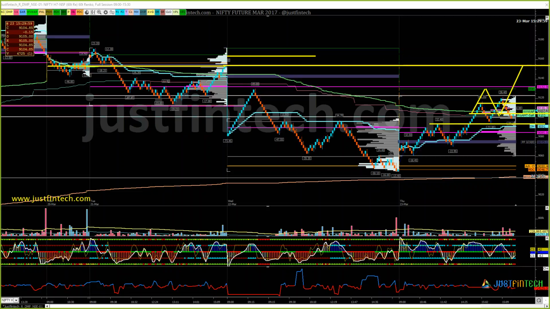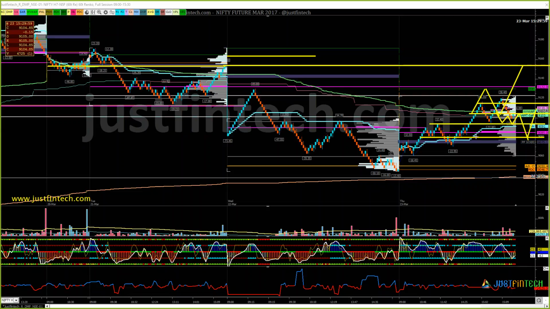The other thing is it fails, starts pushing lower, comes into this LVN, starts accepting that LVN zone near 9100, and then makes its way lower into this lower congestion zone. If it pulls back from here, then again it keeps on rotating, and we might not get any directional move.